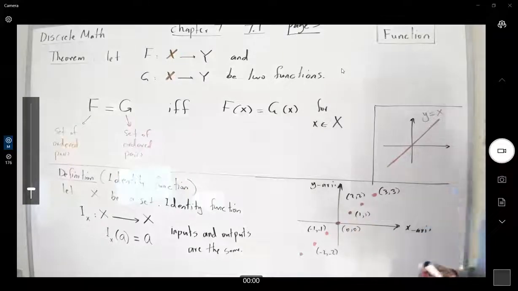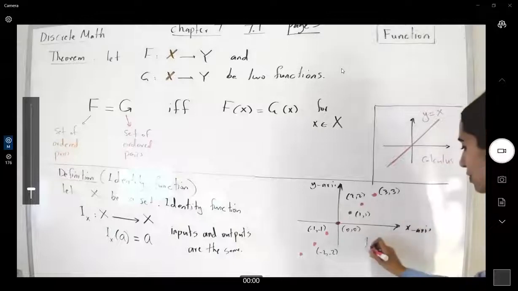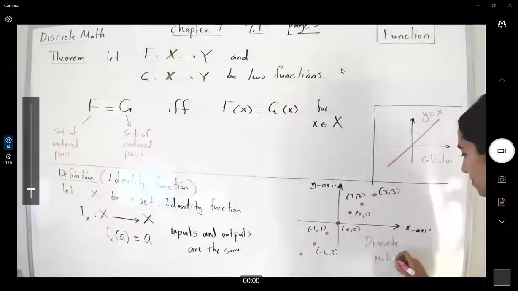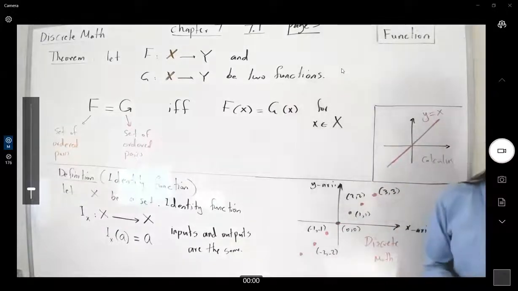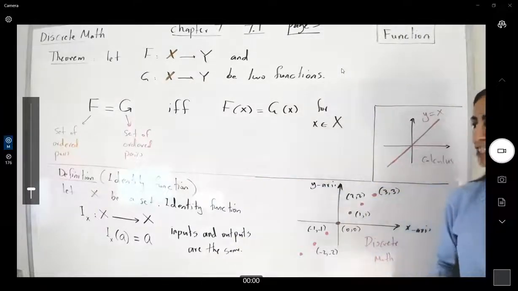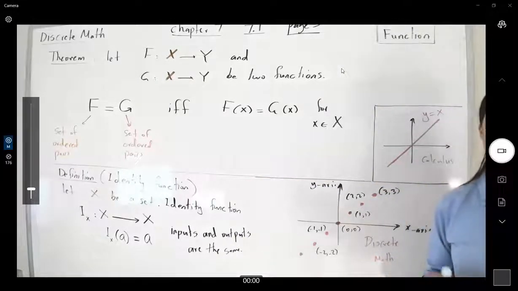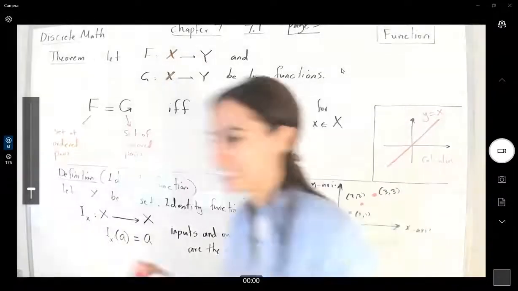X and y are the same. In calculus, in discrete math, you have seen this before. You might not know the name for this function. We call it the identity function. Where do we use it? In composition of functions.